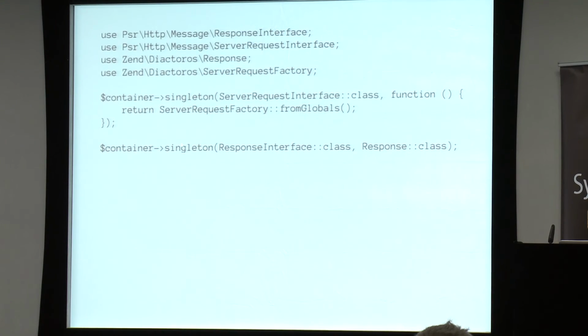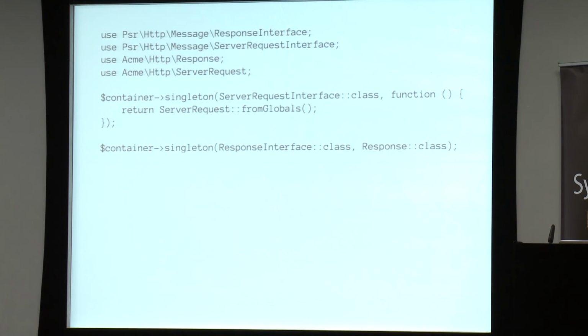As far as tying this to a specific implementation of PSR-7, we're right now using Zend Diactoros, which is FlyHTTP's new name. And this is actually the PSR-7 implementation behind the Symfony PSR-7 bridge. So right now, all we're doing is returning a server request factory from globals anytime someone needs a server request interface, or we just return a response instance. So if you wanted to write your own implementation, you could write it however you want to.